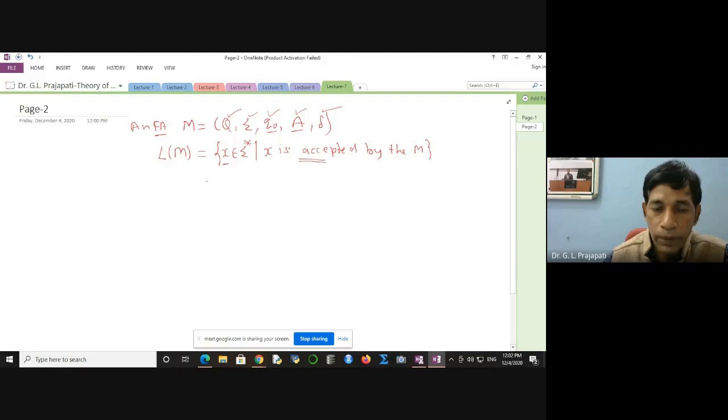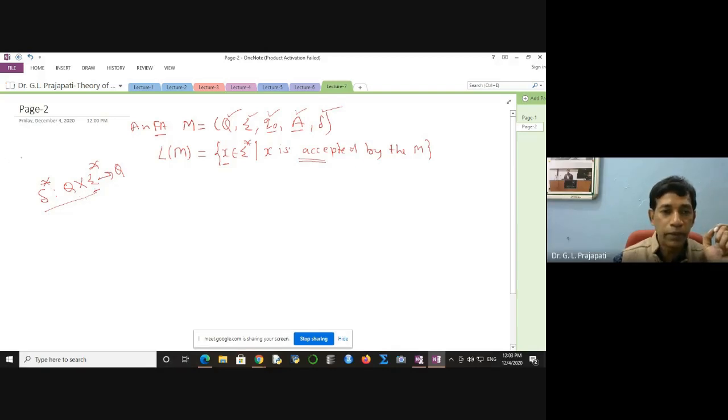So for this we can define the transition function delta star here. Delta and delta star are different. By delta star we simply mean that you are in some state and you do not have a symbol, you have a string. So where do you move? The delta star function can be defined like this.